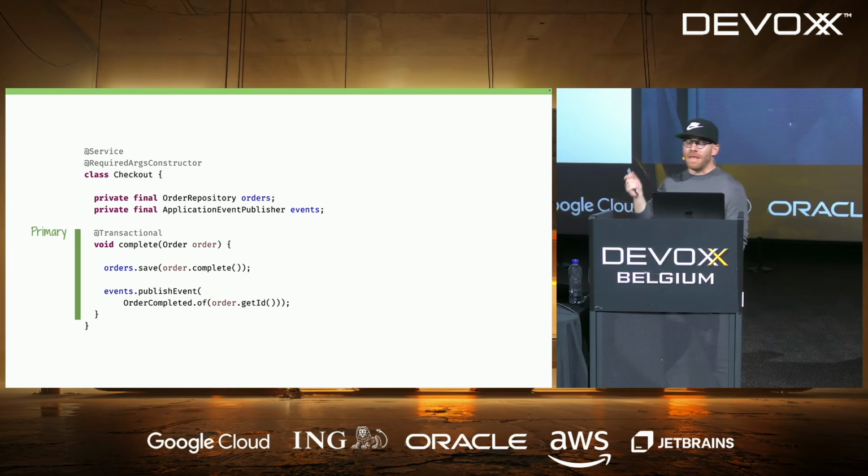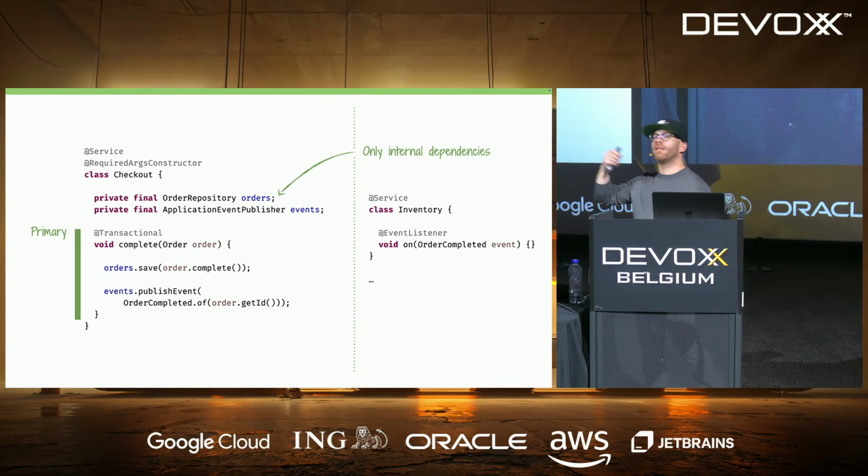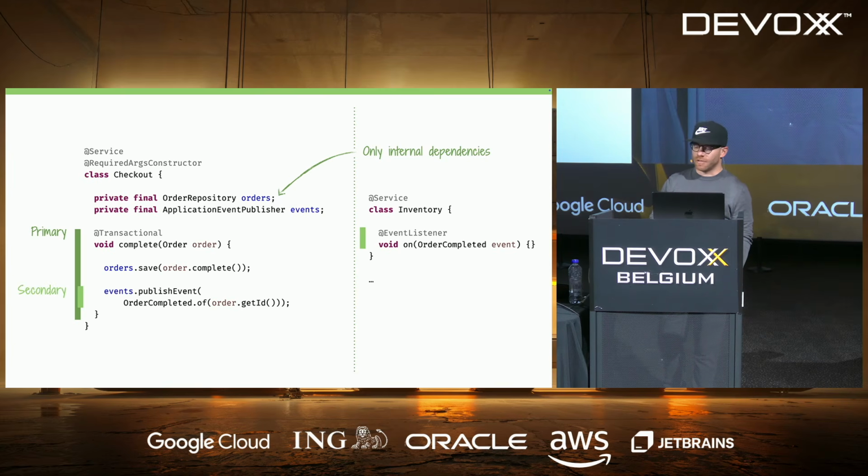The other code would need to be refactored to, instead of exposing a method to do something, just wait for the order completed event. Inversely, the inventory would probably look up the order, find the line items, and process them here. So that's the secondary functionality.